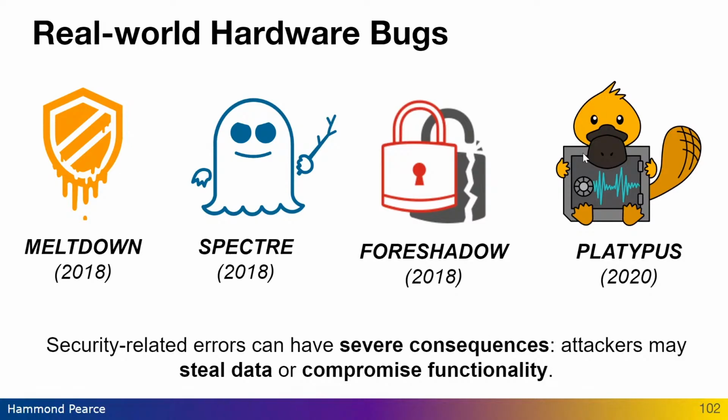Similarly, Foreshadow was another speculative one, but I can't remember the exact details of it. Platypus was a different one. Platypus was an attack on Intel again, sorry Intel, and that one was on surreptitiously reading the power channel of the CPU.